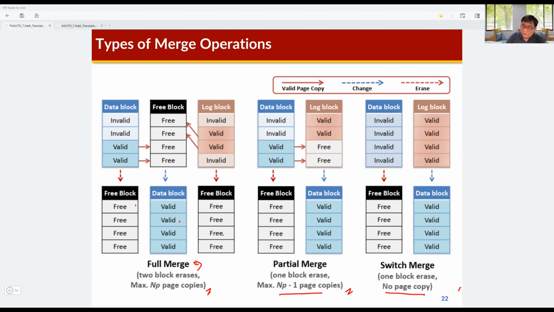How can we solve this issue? If we apply the switch merge operation, we can reduce the overhead of this full merge, but with this FAST mechanism, we can only apply full merge like merge operations. So that's the problem.